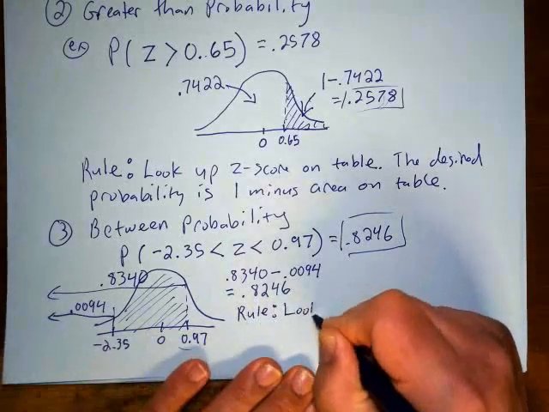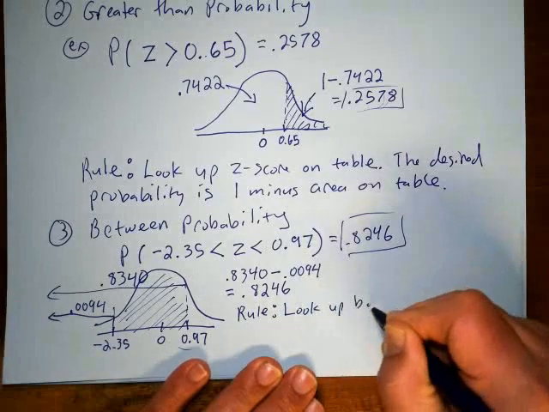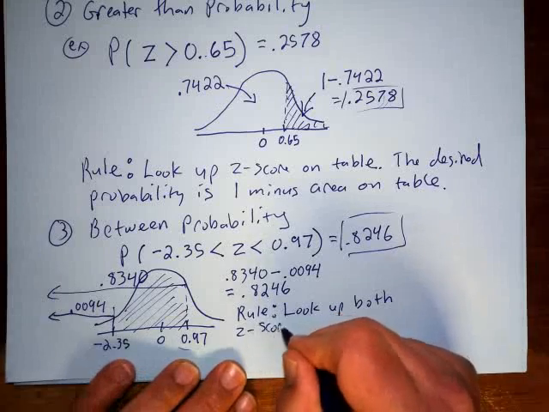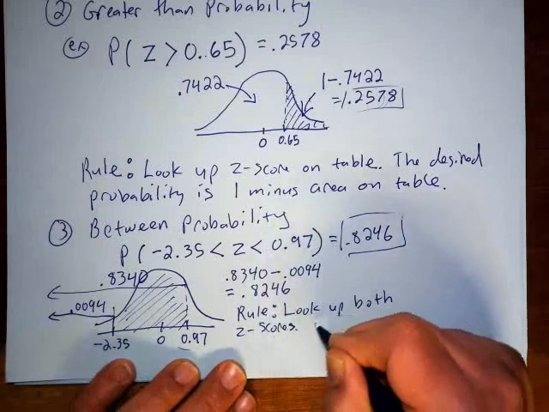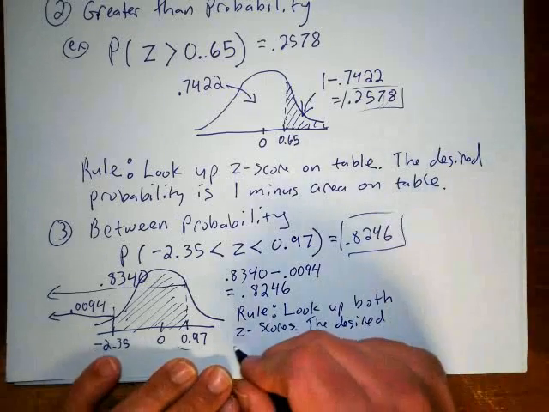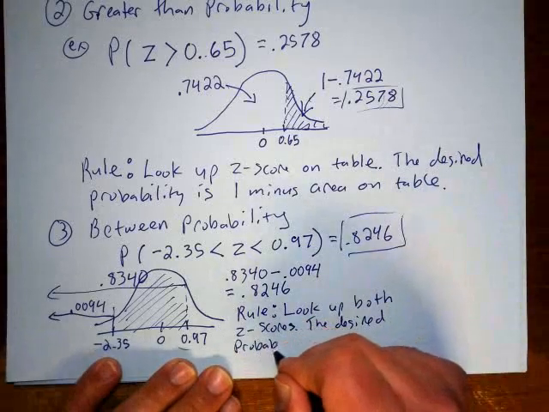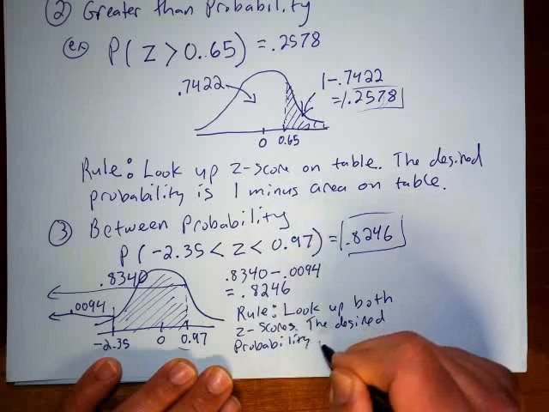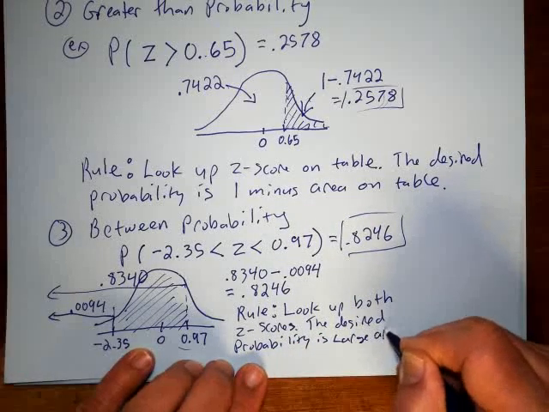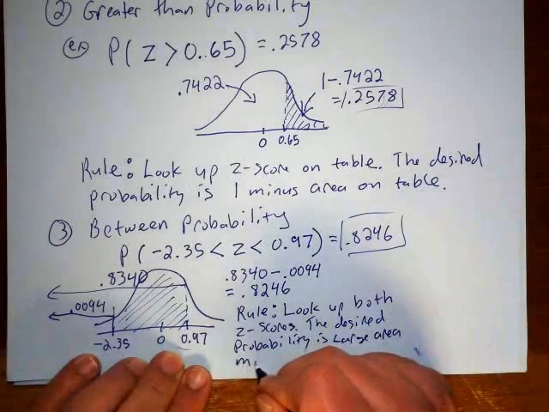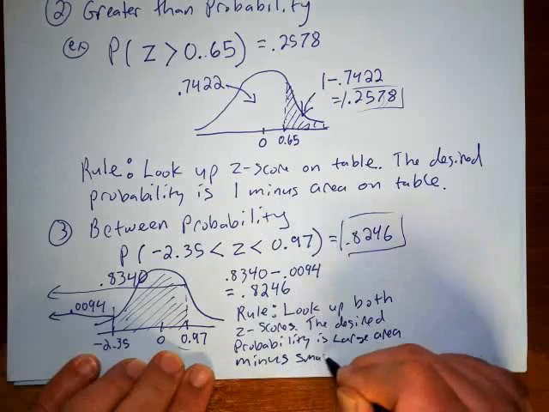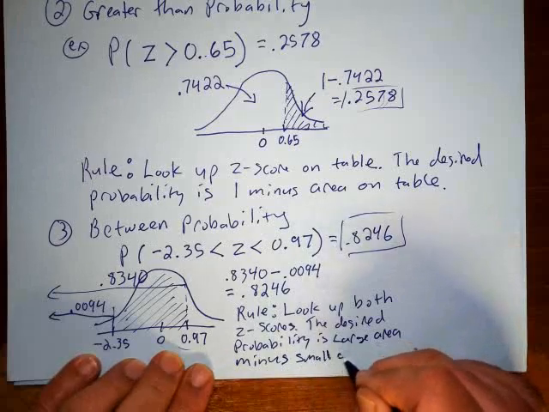Look up both z-scores, the desired probability is large area minus small area.